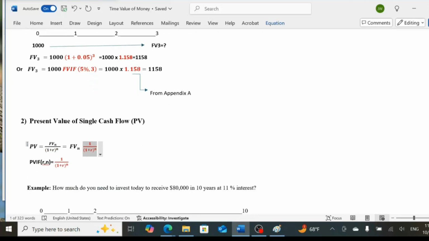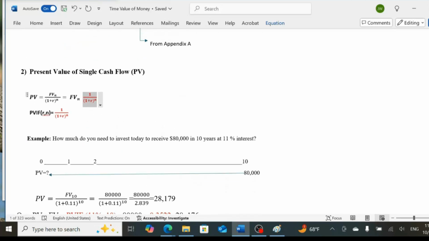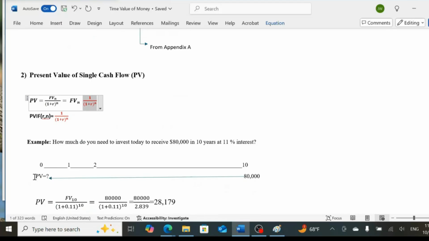So to find how much you need to set aside today to make sure it will grow to $80,000 in 10 years, we assume you can earn 11% interest. Very straightforward: the future amount divided by the future value interest factor. 80,000 divided by the future value interest factor. Whether you use a calculator or a table, you get 2.839.